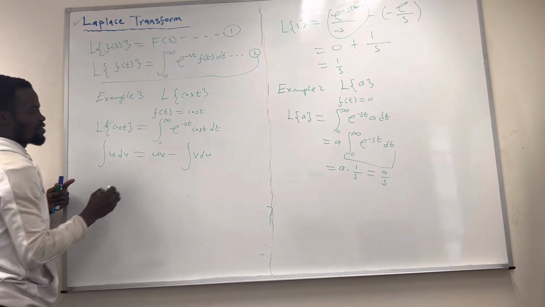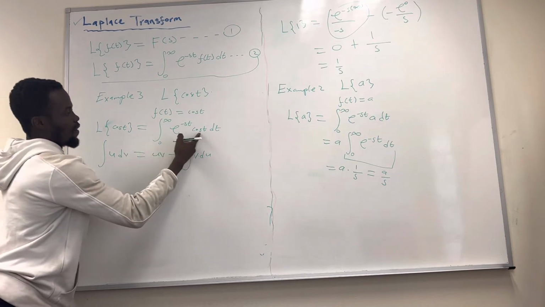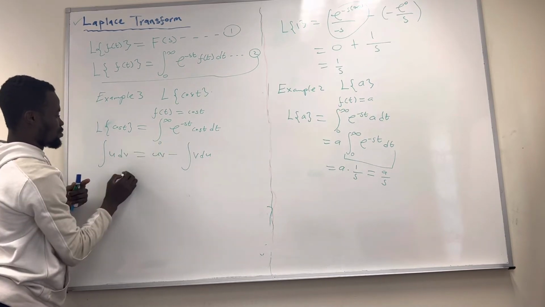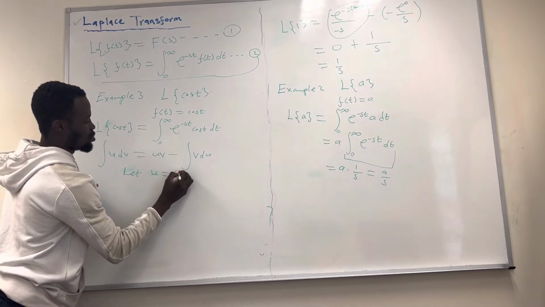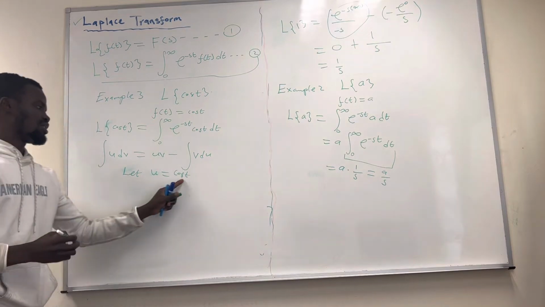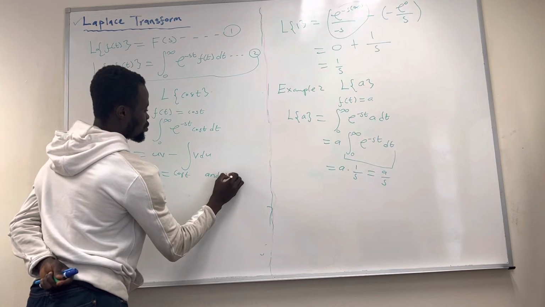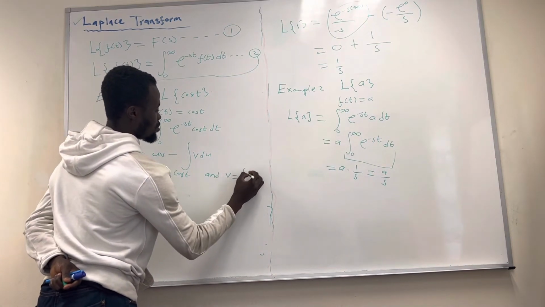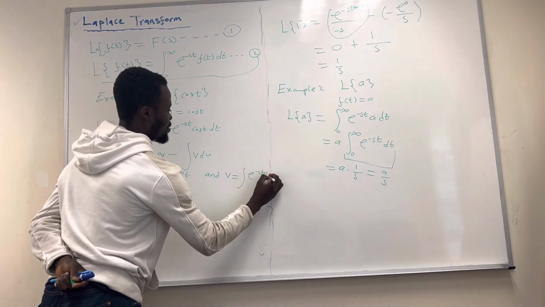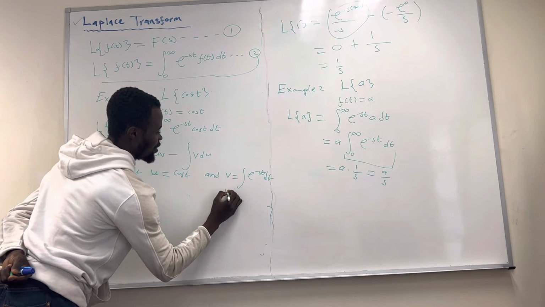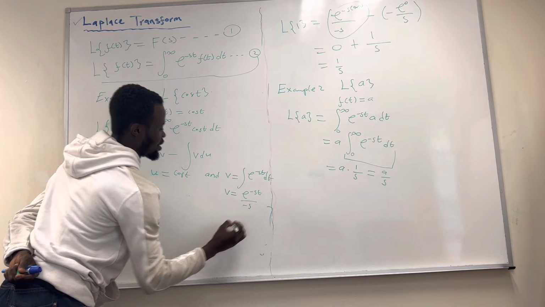Okay, so here from this equation, let u be equal to cos t, and let dv be equal to e to the negative st dt. So here your v is equal to e to the negative st over negative s.